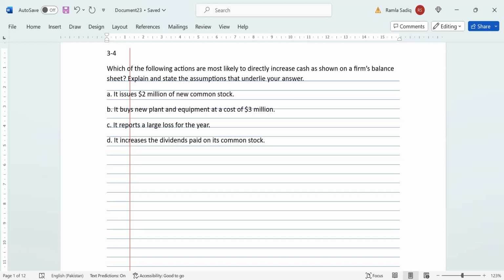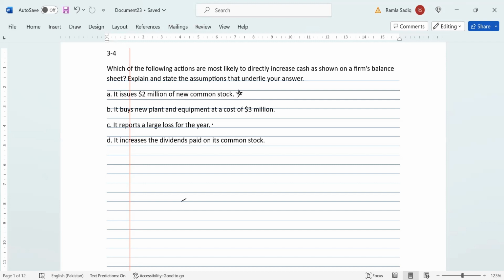So this is an ideal way to increase cash shown on the balance sheet. When we say it buys new plant and equipment at a cost of $3 million, well, this statement is something that will actually decrease the amount of cash. So we're not going to consider this statement.